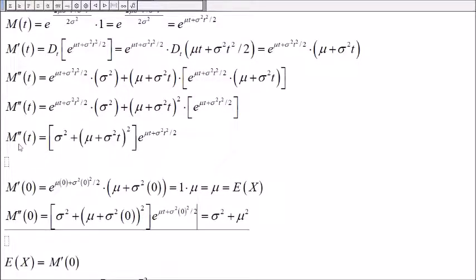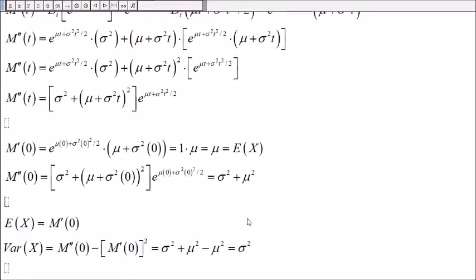And now let's look at the second derivative and let t be 0. So we have 0 here, and 0 here and 0 here. So all of this will be 0, and so here we get 1. What's left is sigma squared and mu squared. So for the moment generating function, the second derivative evaluated at 0 is sigma squared plus mu squared.